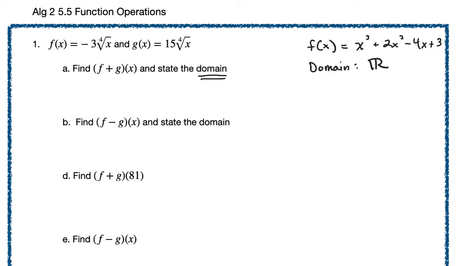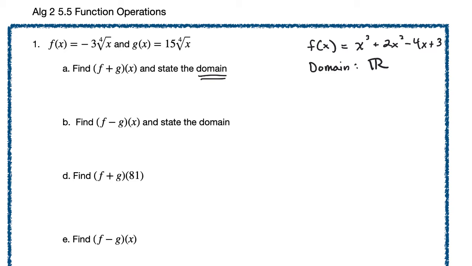And all that means is that we can substitute any number in for x, and we would get a value out of this function. So any number you plug in, if you plug in a negative number, you can cube it. Fractions, you could cube. There's no problem with any of those, any number you substitute in. So we could put any value of x you can think of, any real number, and you'd get a y value out.